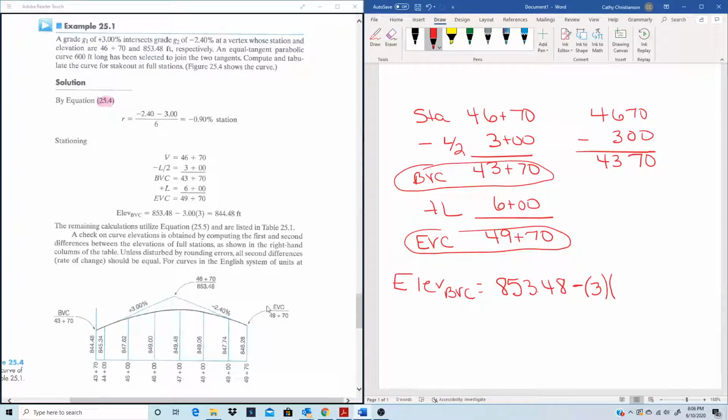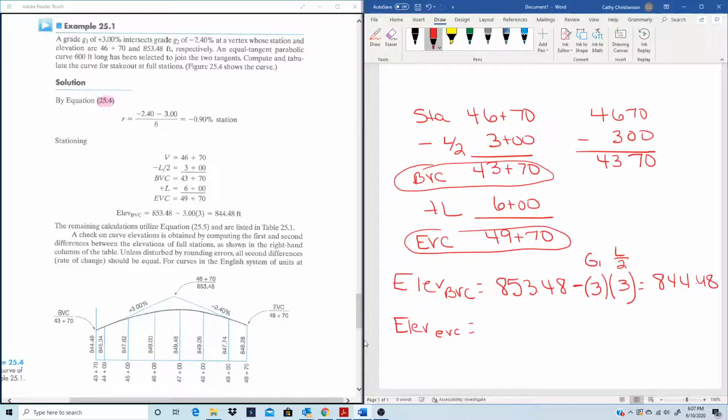So remember, if it's 6 stations, we have 3 stations on the left and 3 stations on the right. So this would be 3. So this is actually L over 2. This is always your G1, and you're going to always put the negative in there. And that'll give you 844.48.